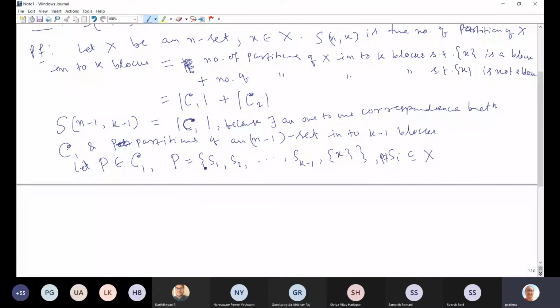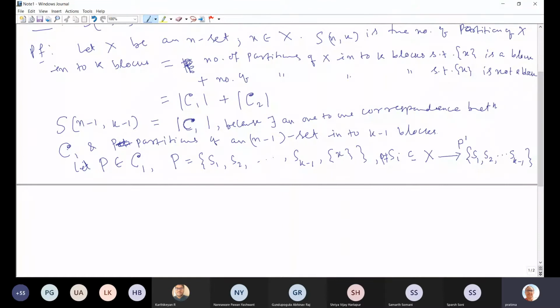This element P maps to the following: I will drop this singleton set {x}, and what remains is a partition of X minus {x}. Let us call this P prime.